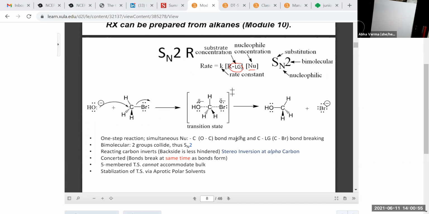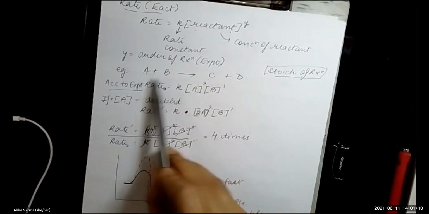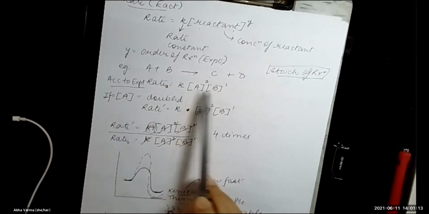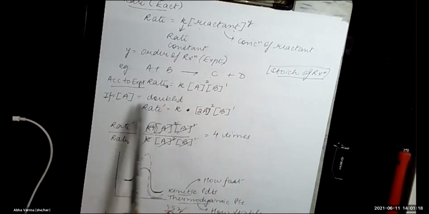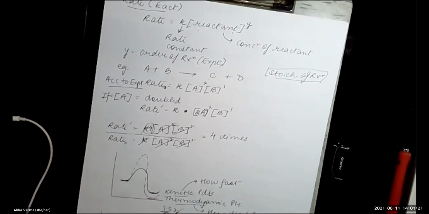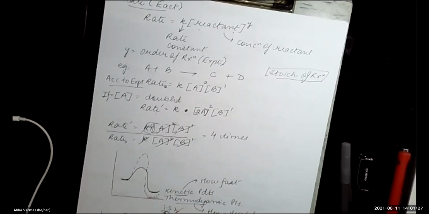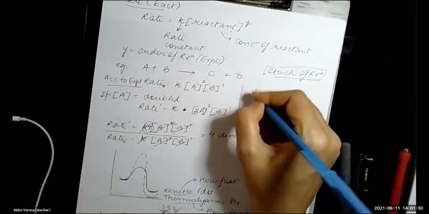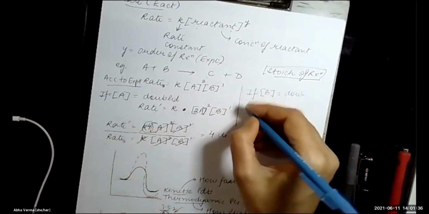So if I had a rate, and we did this example on our first part, if I have a generic example, both the concentrations of A and B are being affected, and if I double the concentration of A, my reaction rate becomes 4 times. What happens when I will double the concentration of B? Let's do that. If I double the concentration of B, what will be my new rate become?